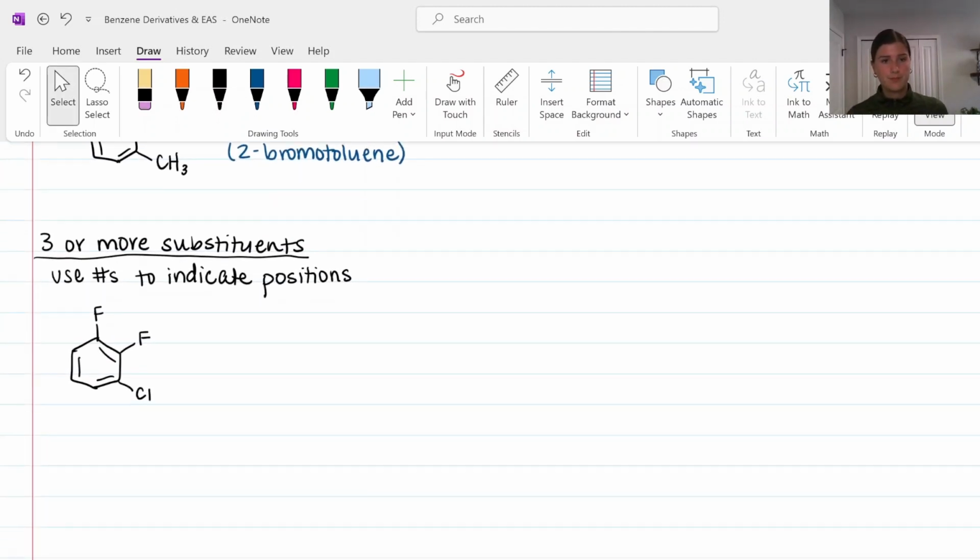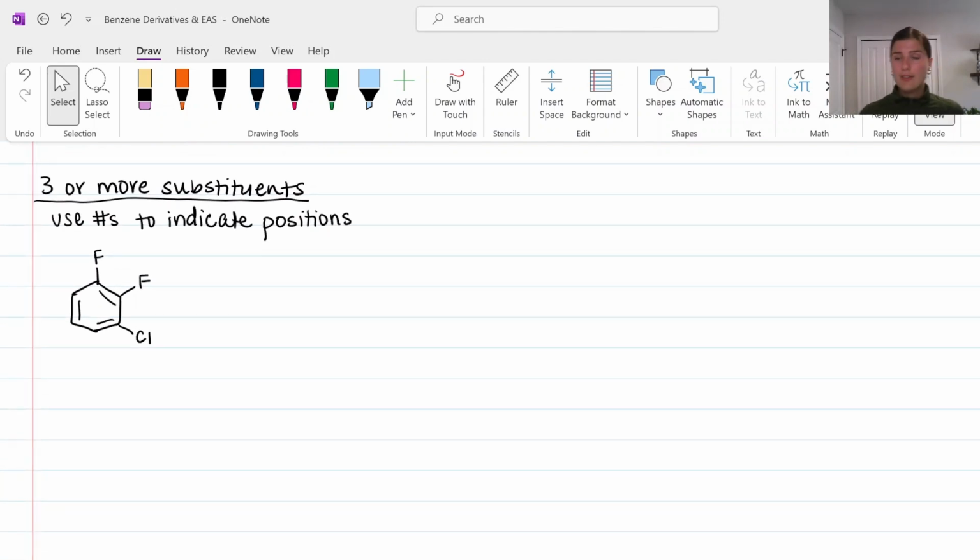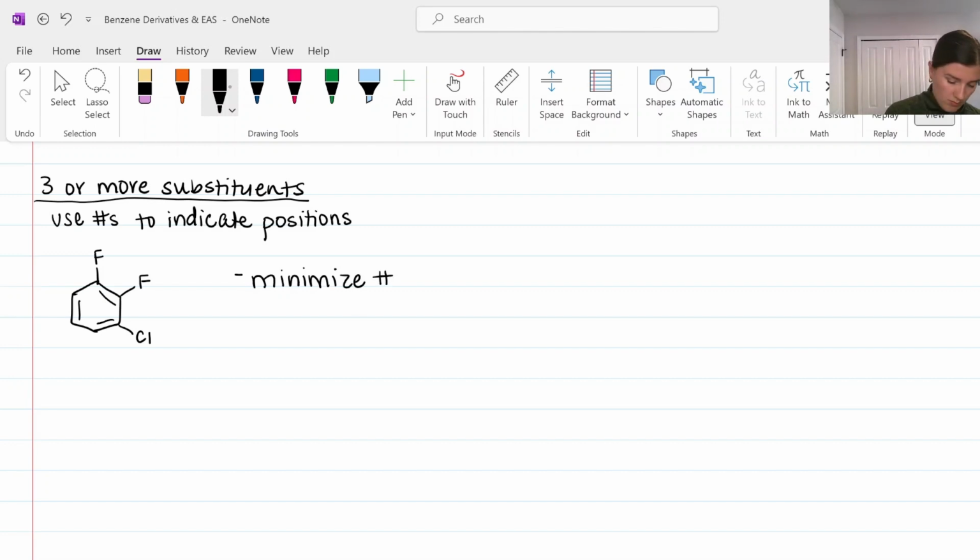As you're naming these benzene derivatives, the first goal is to minimize numbers. So you want to use the lowest numbers possible. You give the lowest number on a parent group, so that's a common name, the CH3, OH, or NH2, toluene, phenol, or aniline.